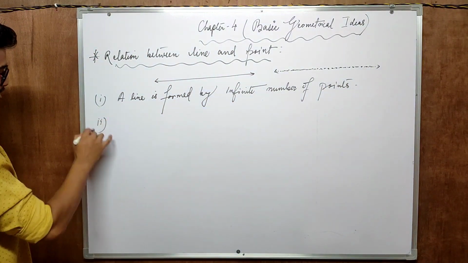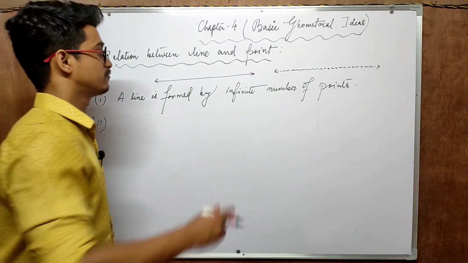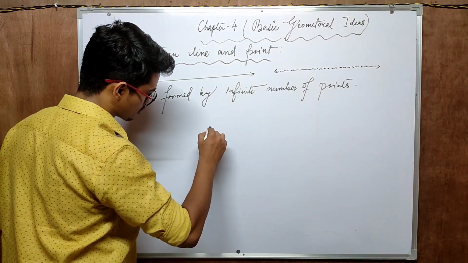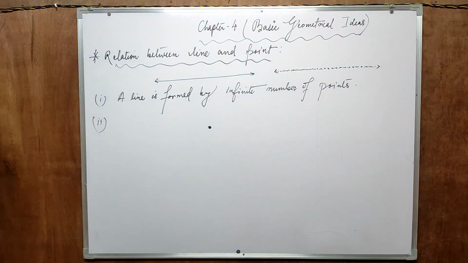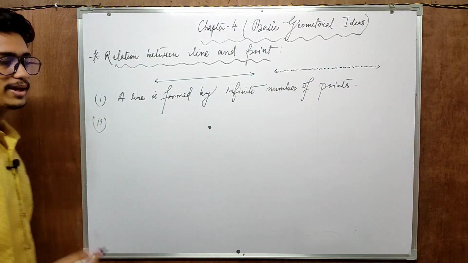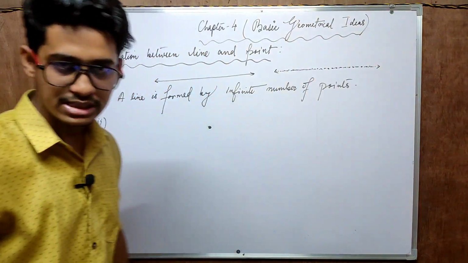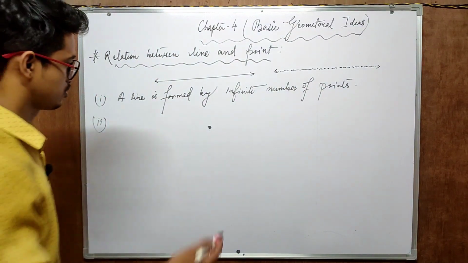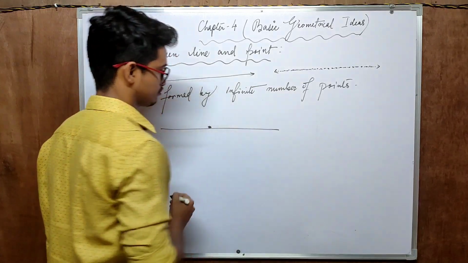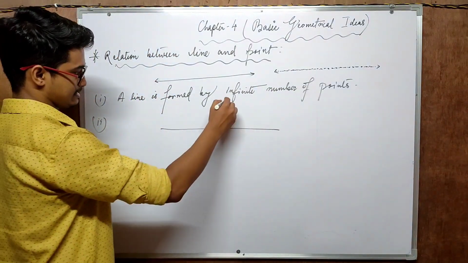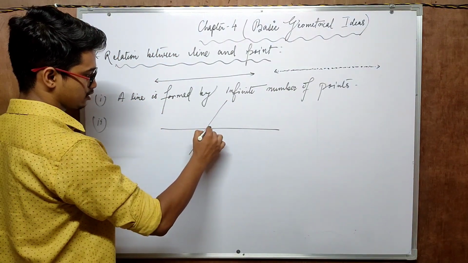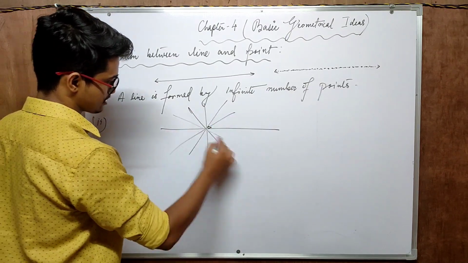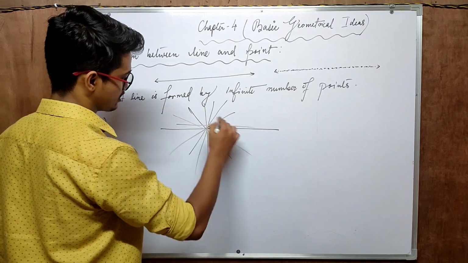And what is the second point of the relation? Let's understand. If I fix one point over here, how many lines can be possible using this particular point? This is the first line, second, passing through this particular point, third, fourth, fifth, sixth, 7, 8, 9.